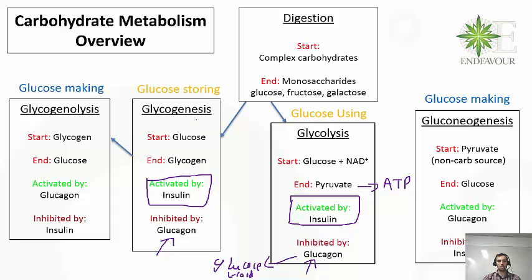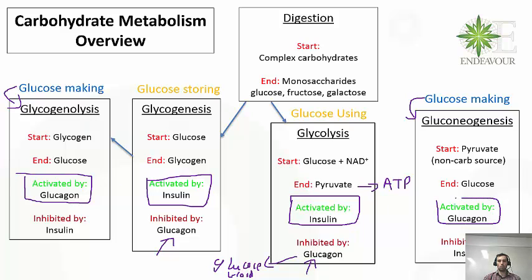So sometimes we have the situation where there's actually a low blood glucose level and we need to increase that. So that's when we need to use our glucose making processes. So we can see those two highlighted with the blue names here. So both the gluconeogenesis and the glycogenolysis are glucose making. So the glucose making processes are actually activated by glucagon.